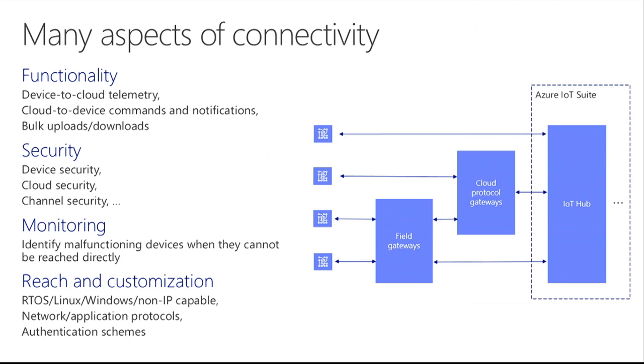We are aware that IoT solutions are most often brownfield, and there is already lots of investment in existing network protocols. Finally, we also want to support custom authentication schemes. So not only the ones that are supported as first class, but any authentication schemes that you already have implemented or are required to use in your solution.